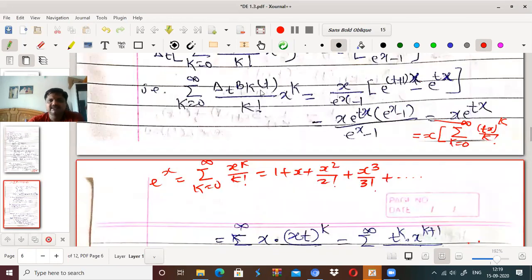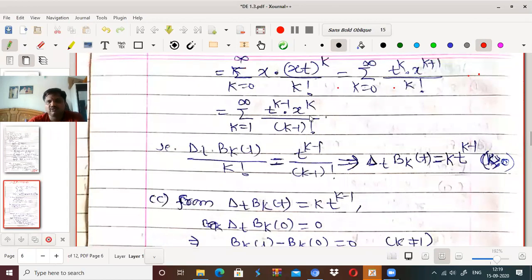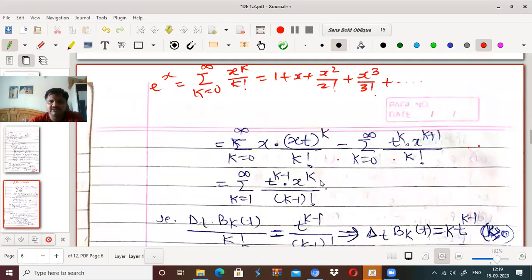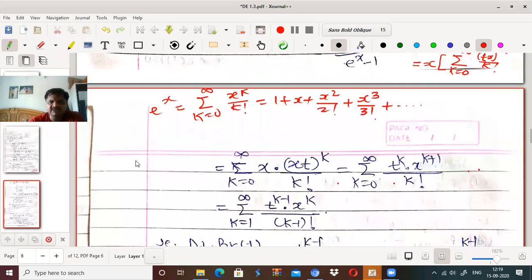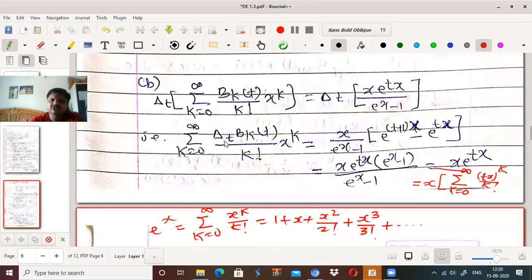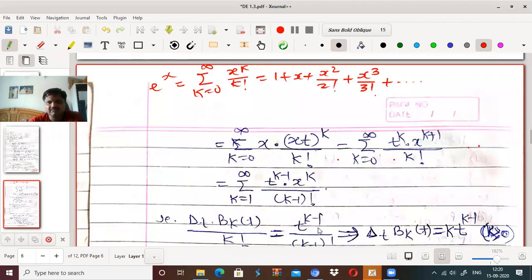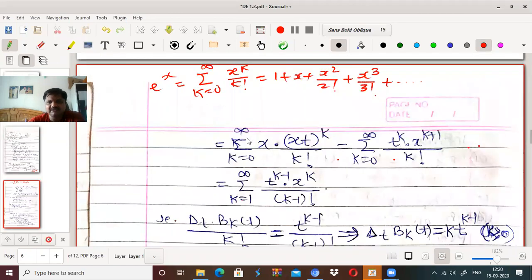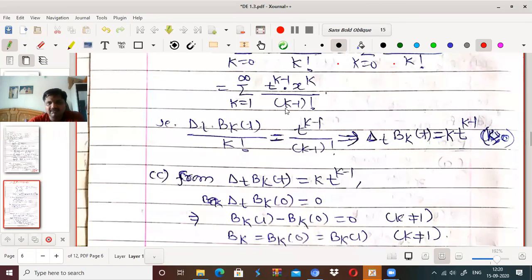Now in the left hand side the summation is of x to the power k, and in the right hand side also the coefficient is x to the power k. So look at the first coefficient and equate, second equate, third equate. So what will happen? This term delta t of bk(t) upon k factorial will be same as t to the power k minus 1 upon k factorial, equating same powers of x.